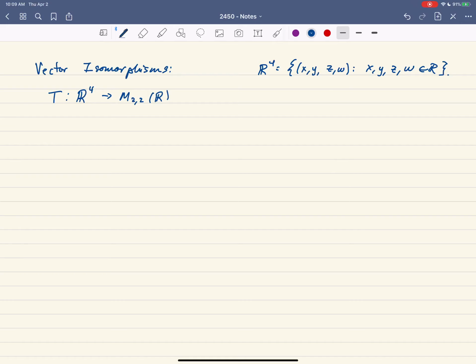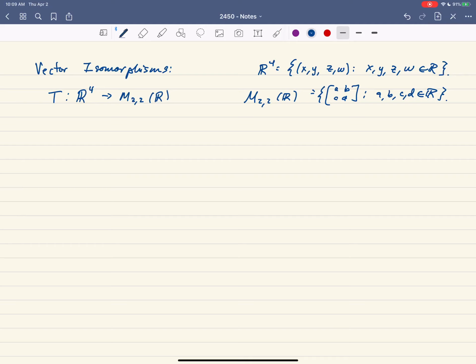And M22 is the set of 2 by 2 matrices with real entries, so A, B, C, D, where A, B, C, and D again are real entries.